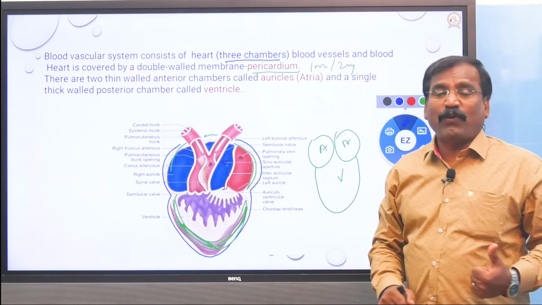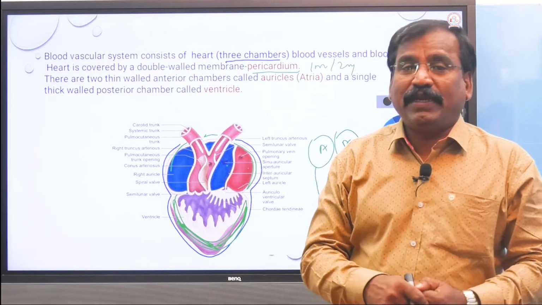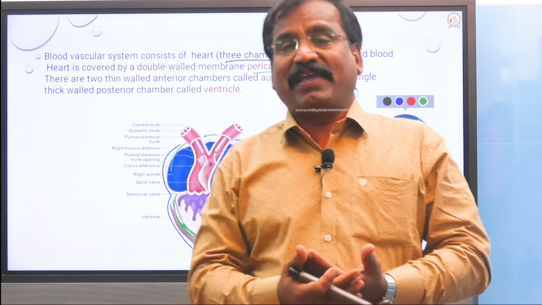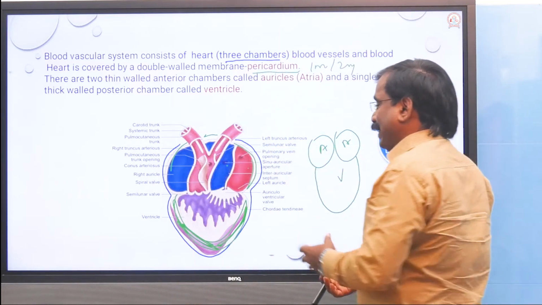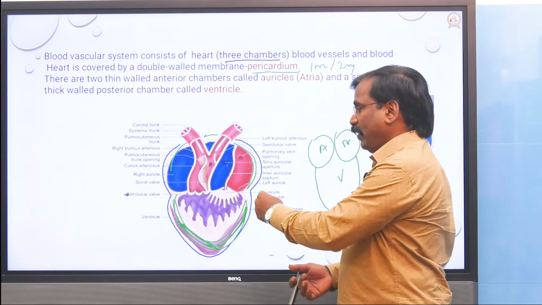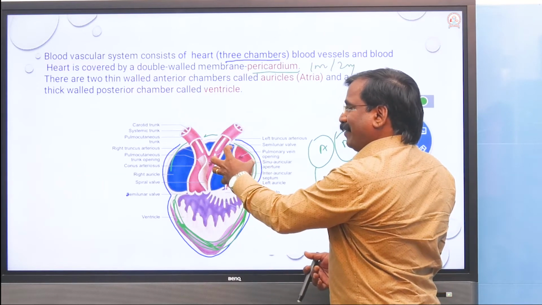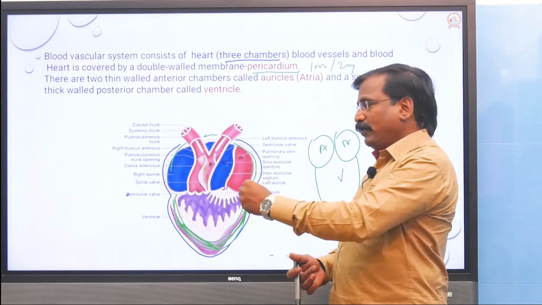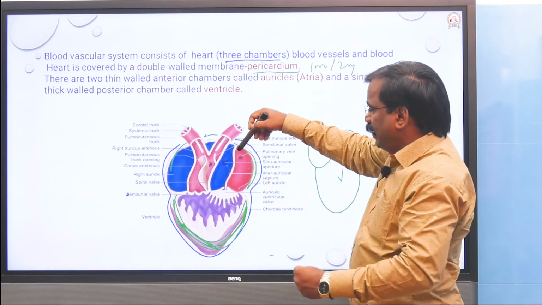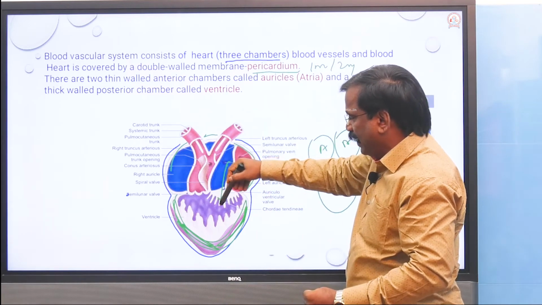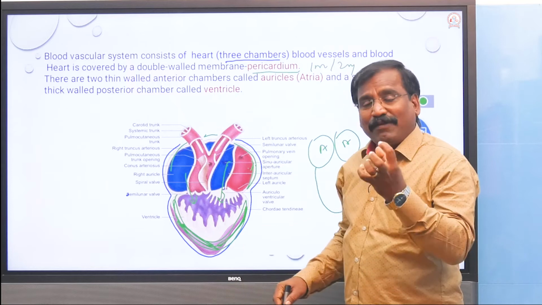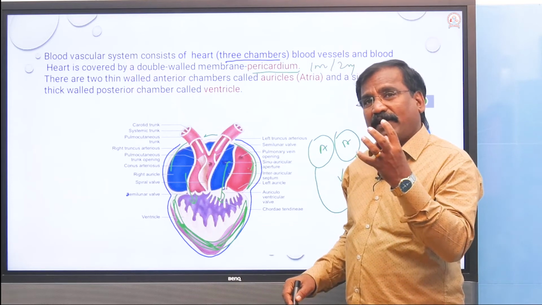Why are the walls of the auricles thin and the walls of the ventricles thick? Because it contracts, it's a pumping organ. When the auricle contracts, its function is only to send the blood from the auricle to the ventricle. That much pressure is enough.